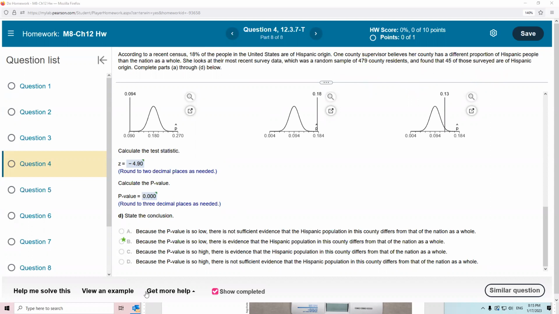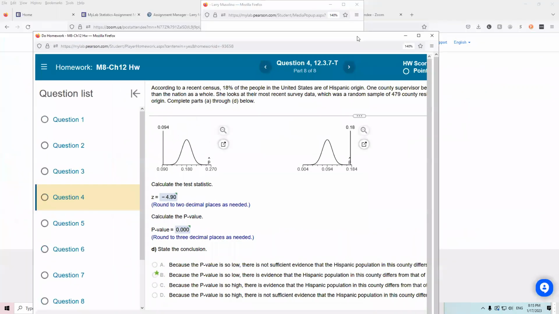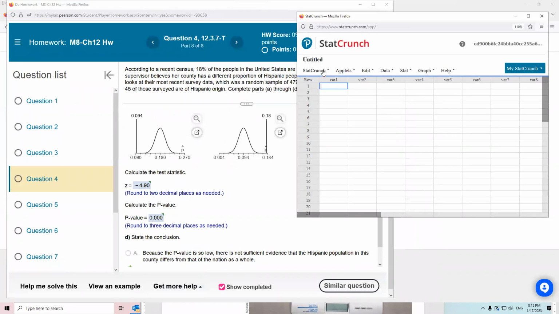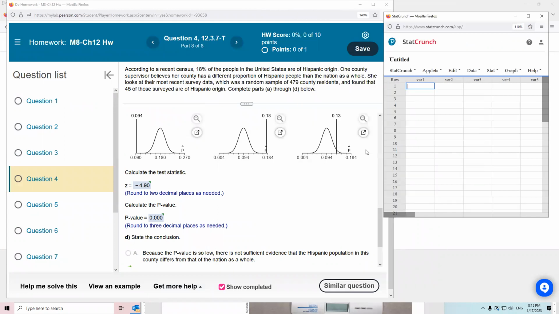So let me come down here to the menu and open up StatCrunch. I'll do this side by side here. If you want to run a hypothesis test for a proportion, it turns out you can use the same command. So this is a hypothesis test for a one sample proportion test.